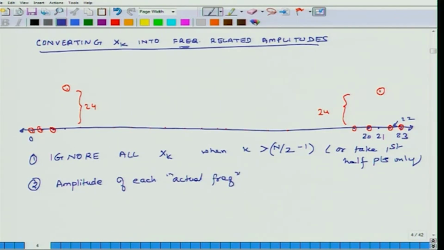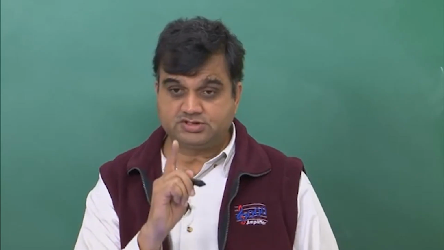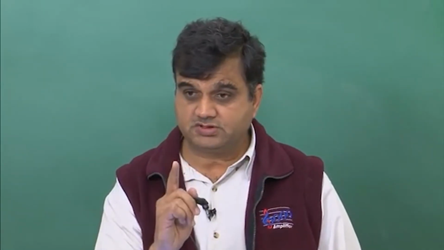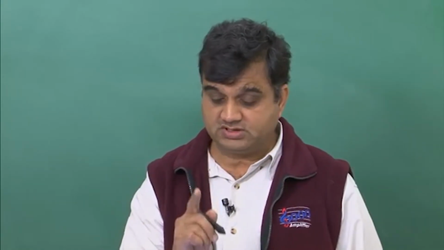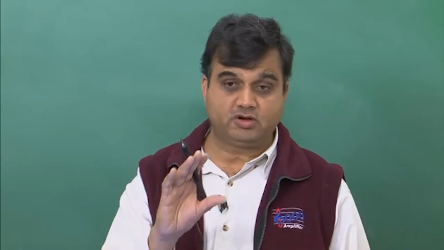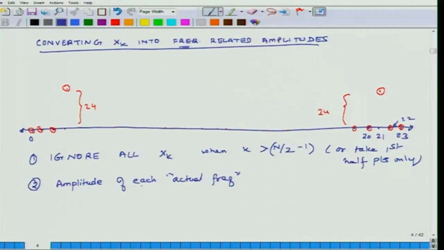See, this k is associated with some frequency number, but we do not know the value of that number. K is equal to 0 is associated with some frequency, k is equal to 1 is associated with some. We do not know the values of these frequencies, but xk will tell us something about the amplitude, but not the actual amplitude.